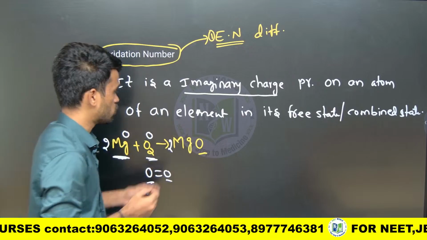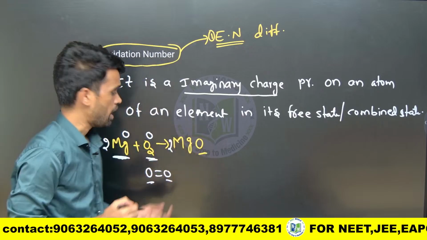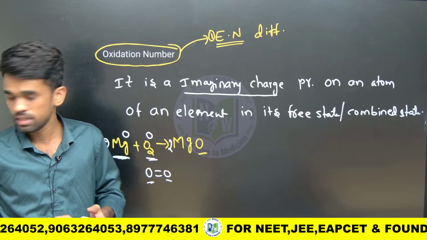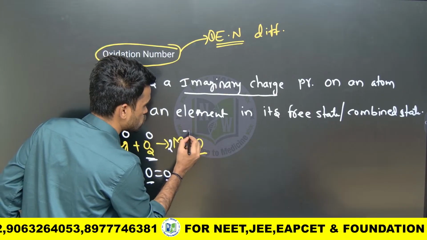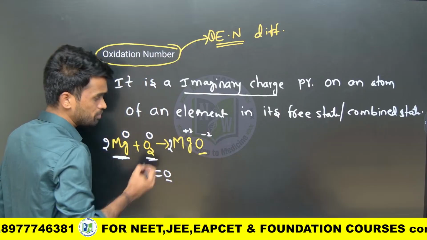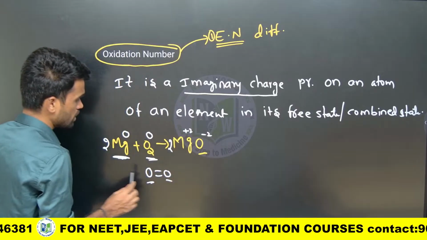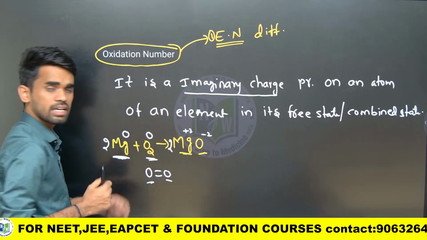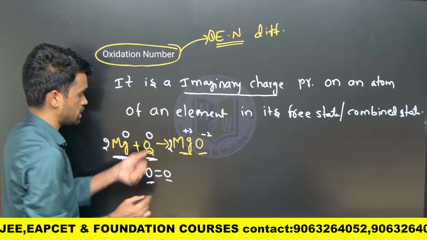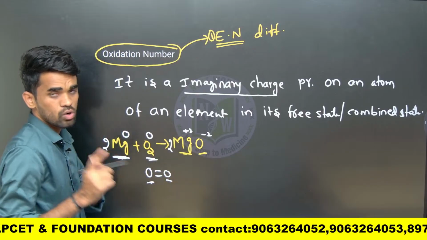The electronegative atom here is oxygen, and we know magnesium is a metal which is electropositive, right? So magnesium will have a +2 charge and oxygen will have a -2 charge. The one having the positive charge underwent oxidation from 0 to +2, and this is reduction. Okay, hope it is clear.